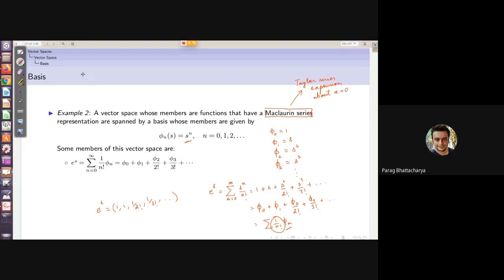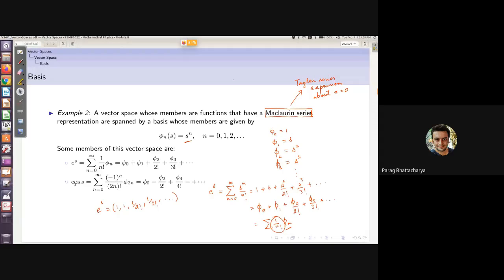So the question here is this. Let me take the other one. For example, cos. Cos is basically your even functions, right? How do you write down cos? The Maclaurin series expansion of cos x is 1 minus x square by 2 factorial plus x to the power 4 by 4 factorial, alternating plus and minus.